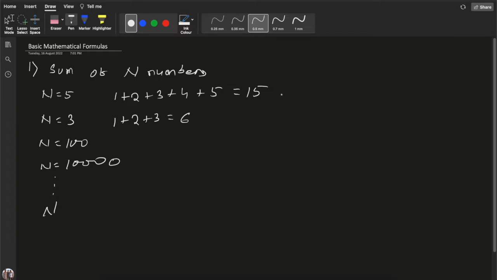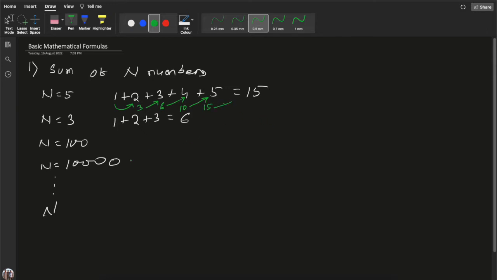So here, if you see, we are adding one number at a time. 1 adding with 2, so it becomes 3. Then 3 will add with 3, so it will become 6. Then 6 will add with 4, then it will be 10. Then 10 will add with 5, so it will become 15.